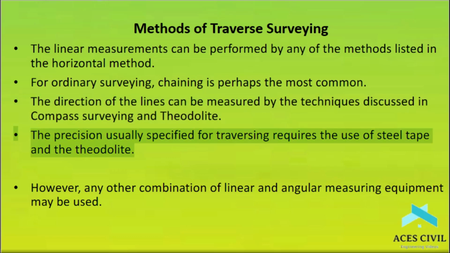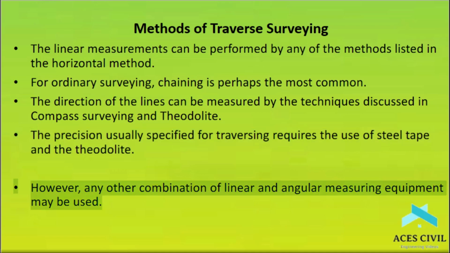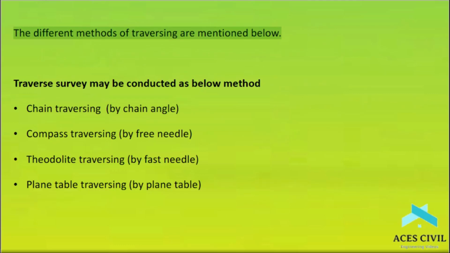The precision usually specified for traversing requires the use of a steel tape and the theodolite. However, any other combination of linear and angular measuring equipment may be used. The different methods of traversing are mentioned below. A traverse survey may be conducted by the following methods.